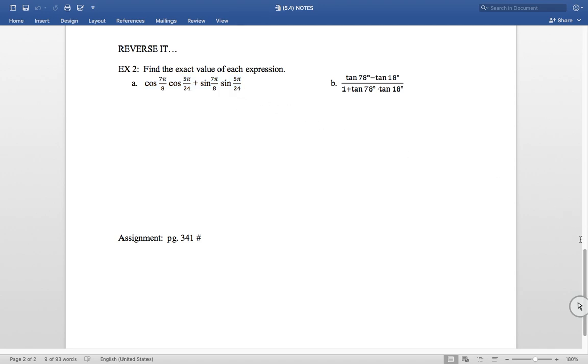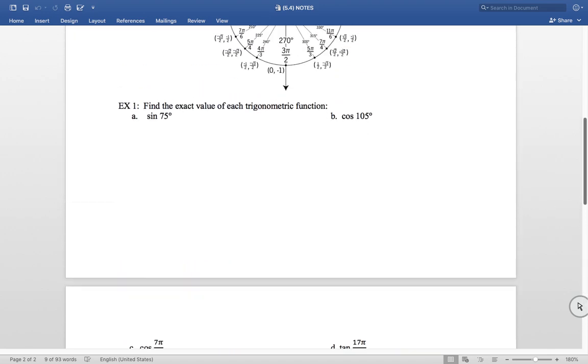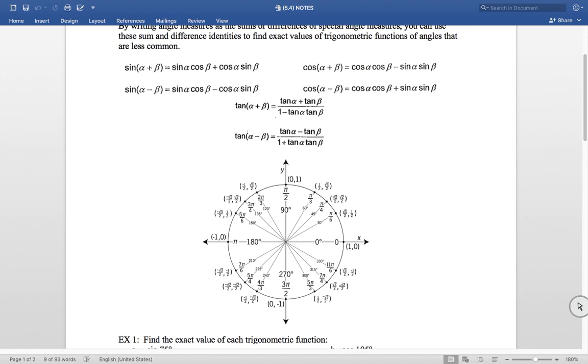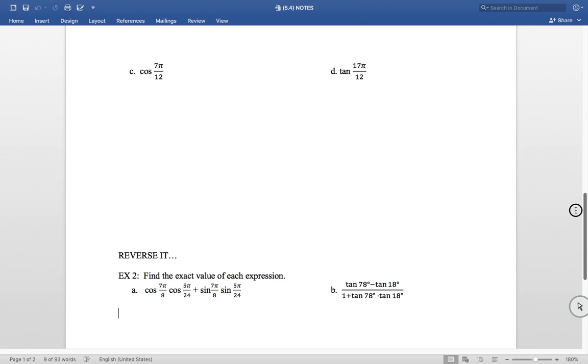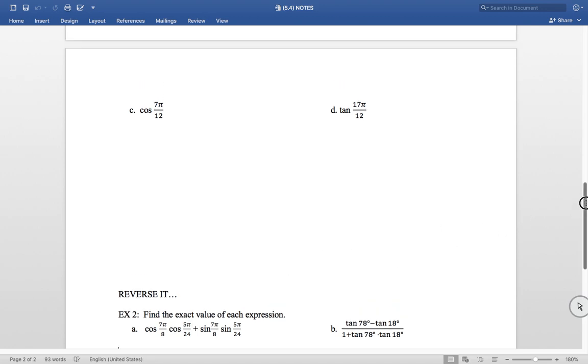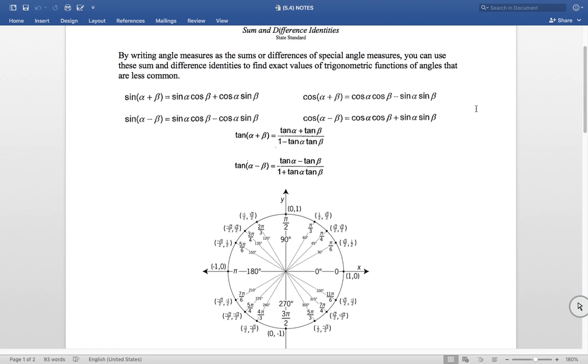Well, which identity does this match up with? We have cosine, cosine, sine, sine with a plus sign in between. Well, that is right here. It's cosine, cosine, sine, sine. So we're actually starting with this and moving backwards and writing it as this.